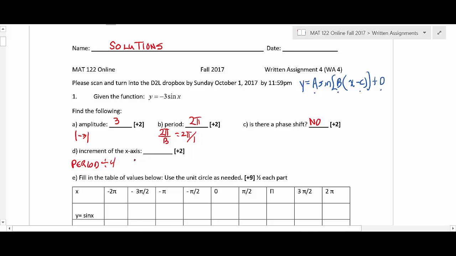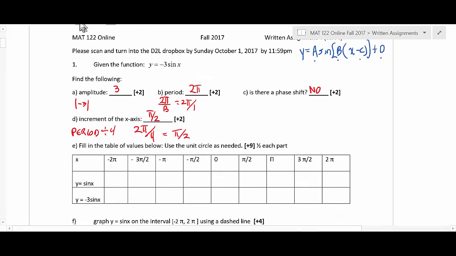Our period is 2 pi. Divide by 4, you're going to have pi over 2. So the increment of the x-axis is pi over 2. You want to be sure that you're solid on being able to take an equation and know the key components of that.